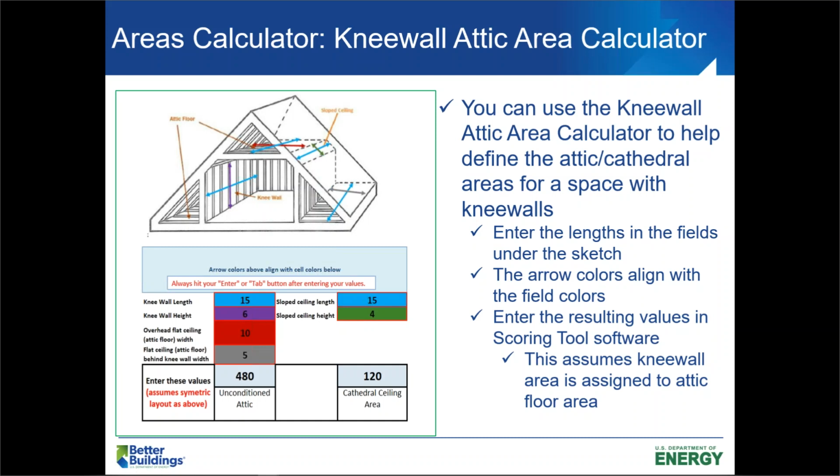Unfortunately, Cape Cod style houses are not necessarily symmetrical, so they may not all look exactly like this. You may have to break it up into a couple of spaces to do this. The other thing to keep in mind is you don't have to have your dimensions exactly right.